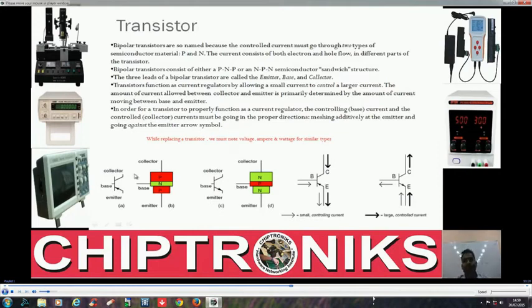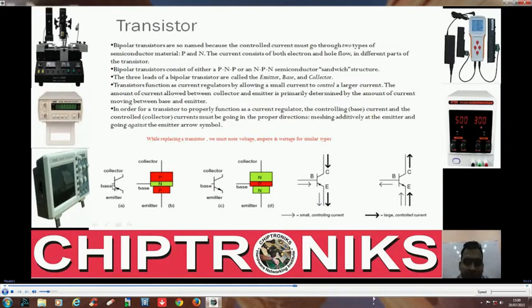The transistor has three kinds of leads on it: one is the collector, another is the base, and another is the emitter. Why are transistors called transistors? Transistor basically means transfer of resistors, and the basic working of a transistor is that it amplifies the small current present on the base to a high current flow between collector and emitter. A transistor functions as a current regulator by allowing a small current to control a large current.